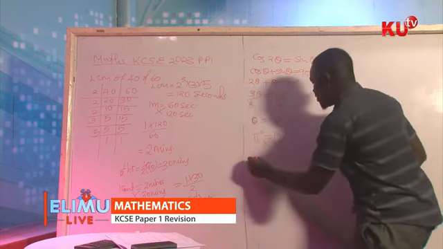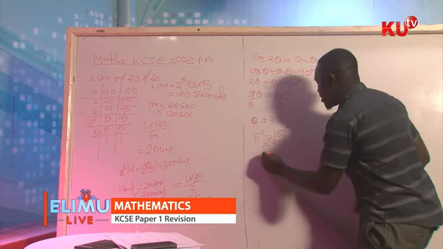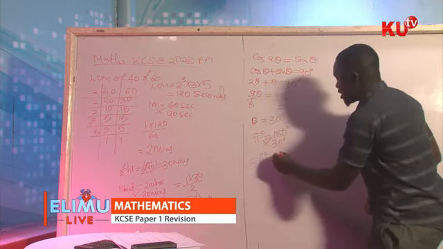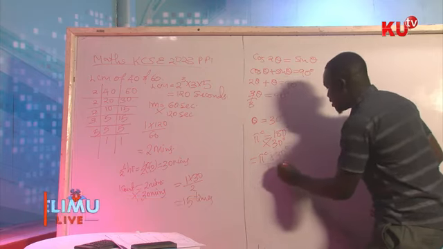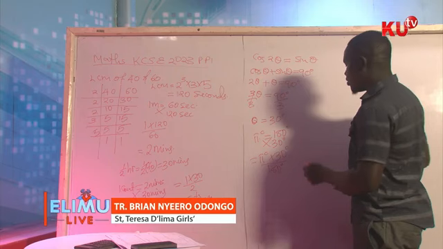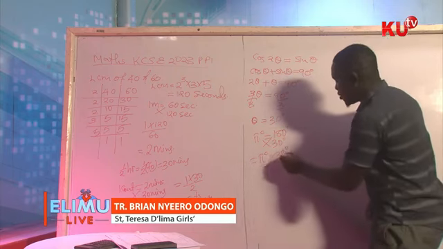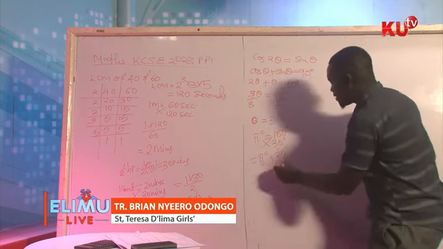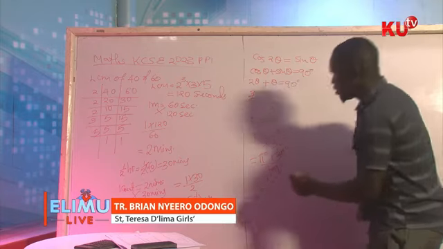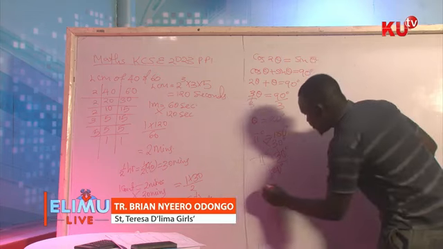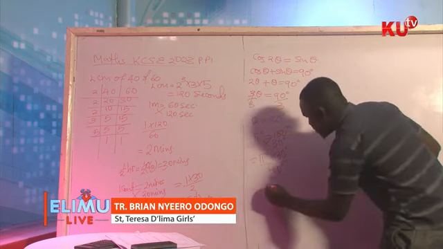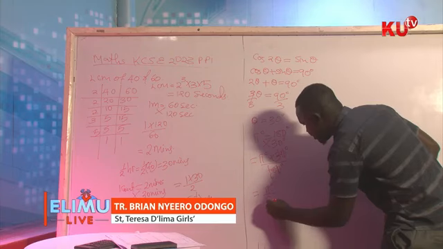So this will be pi radian times 30 degrees over 180 degrees. You realize that 0 and 0 cancel, 3 into 18 is 6. So what are you getting? You are getting pi radian over 6.